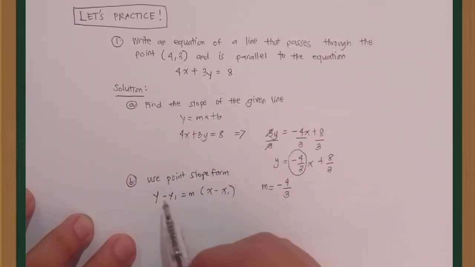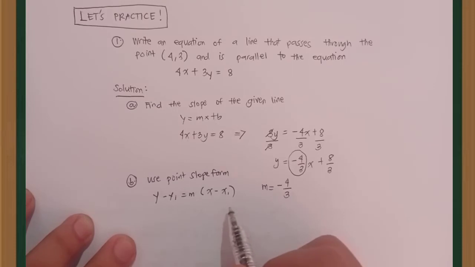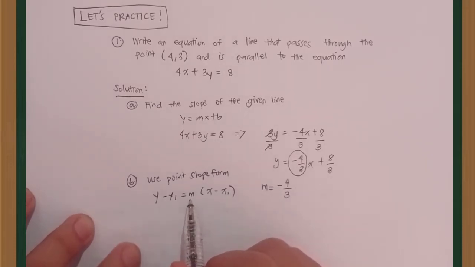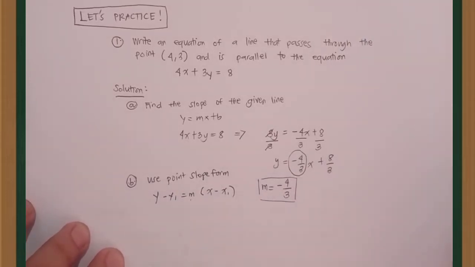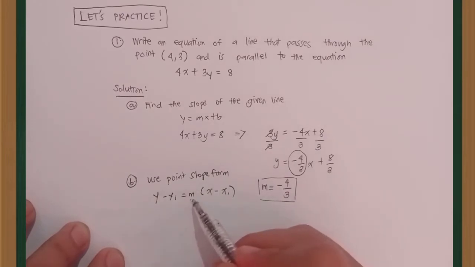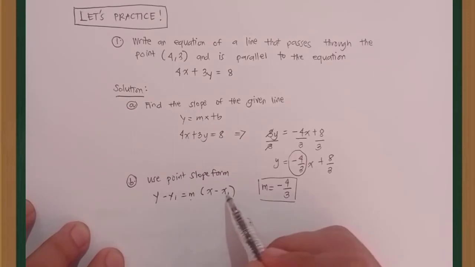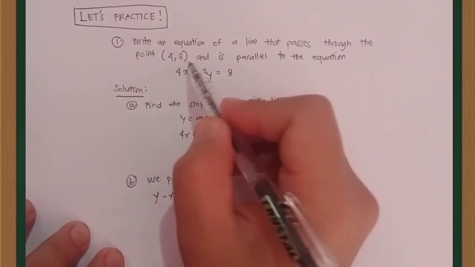In this case, we use the slope that we solved. This m is our slope, right? So we use the slope we solved in the point-slope form formula. Then this y sub 1 and x sub 1 is actually the point given in our problem.